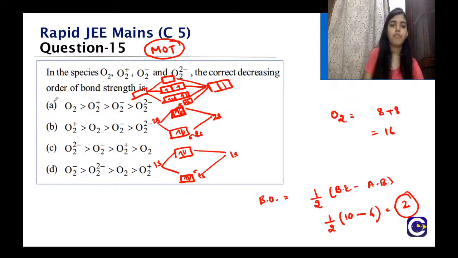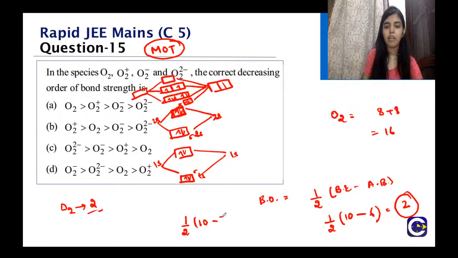So the bond order for O2 will be 2. Now you calculate it for O2+, that means one electron will be removed. So from anti-bonding, one electron has been removed. Now the bond order will come out to be half into 10 minus 5. That will be equal to 2.5. So for O2+, the bond order is 2.5.